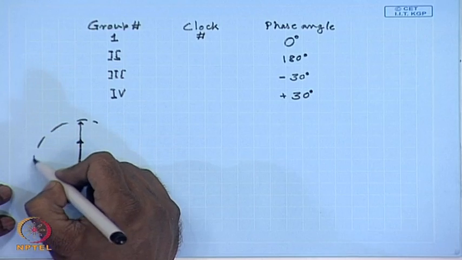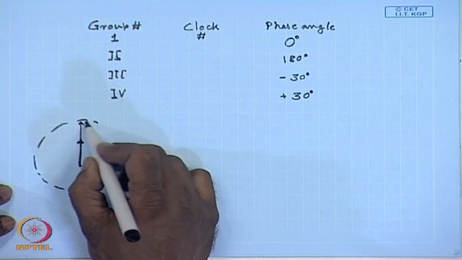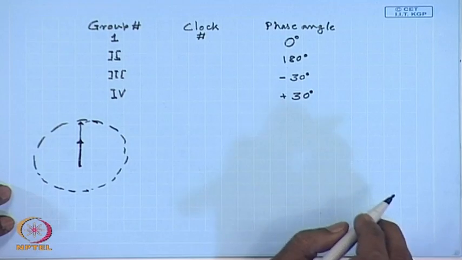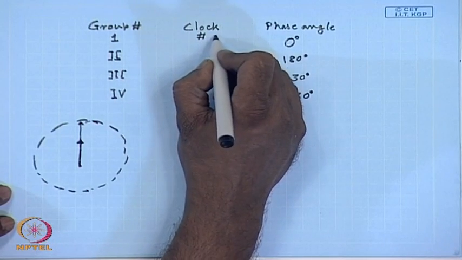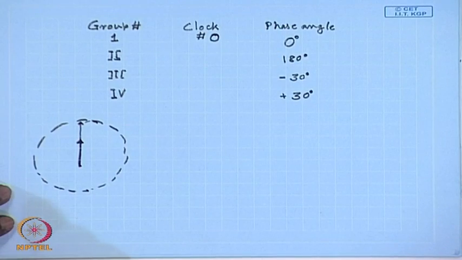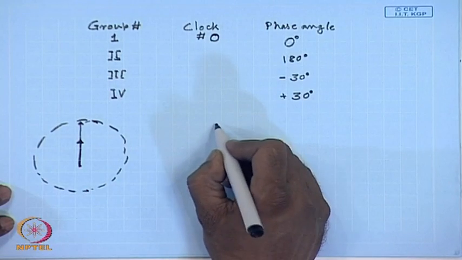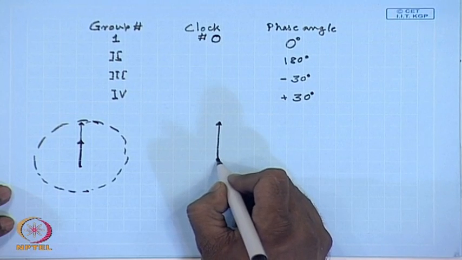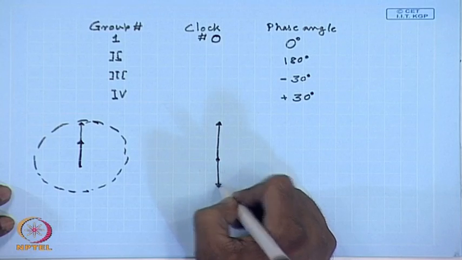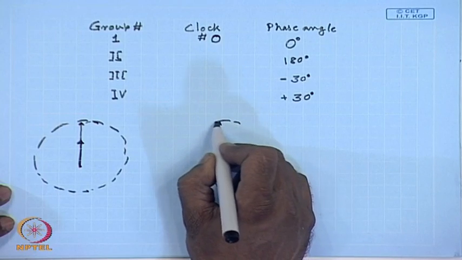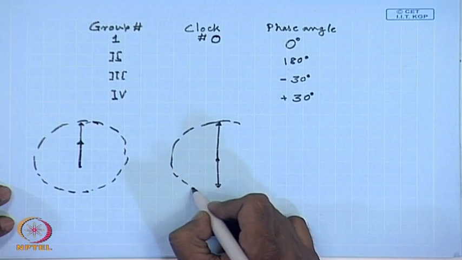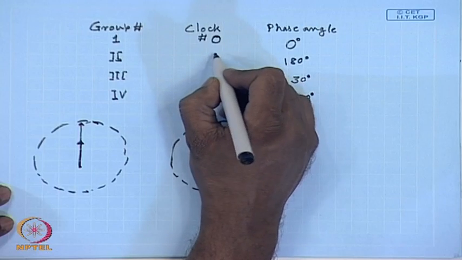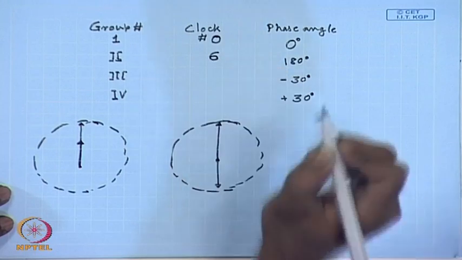On a clock, this is 0 hour. So, this is called clock number 0. Similarly, for 180 degree, this is the high voltage phasor, this is the low voltage phasor, their angle being 180 degree. So, on a clock, this represents 6 o'clock. So, the clock number is 6 for this.